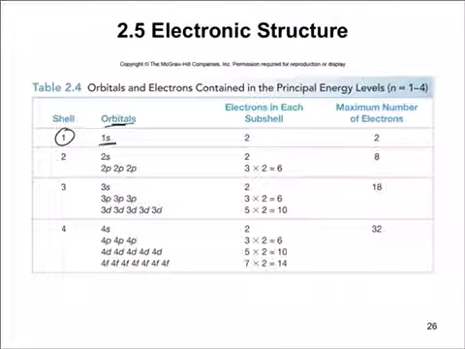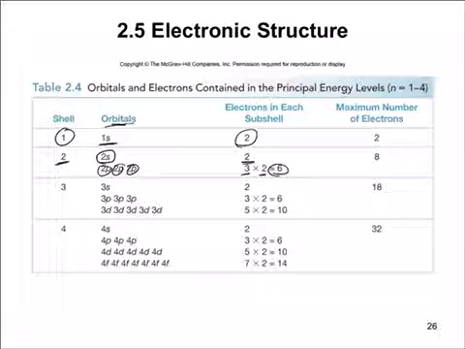So, the very first orbital in every atom is the 1s orbital. It can hold a maximum of 2 electrons. In shell number 2, I start off with an s orbital, which can hold 2 electrons. Then there are 3 individual p orbitals, which can hold a total of 2 electrons each, but since there are 3 of them, we get 6 total electrons, which gives us 2 plus 6 gives me 8 total electrons for energy level 2.